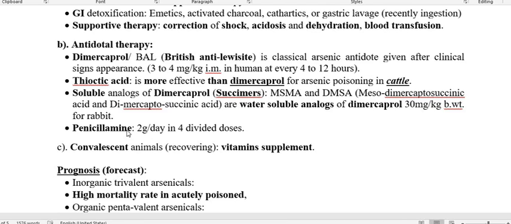Then penicillamine, the dose is 2 gram per day in 4 divided doses. Penicillamine also has binding capability with arsenic, and therefore is also used as a specific antidote for arsenic. So the most important are dimercaprol or BAL or succimer, that is MSMA or DMSA, and other than that is penicillamine.